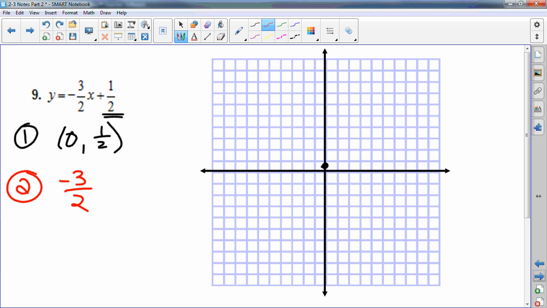So let's go down and to the right. So negative, we'll go down 3, then 1, 2. Or up and to the left, 3, then 1, 2. And there we have it. Then connect the dots.